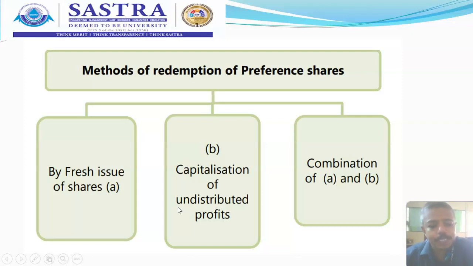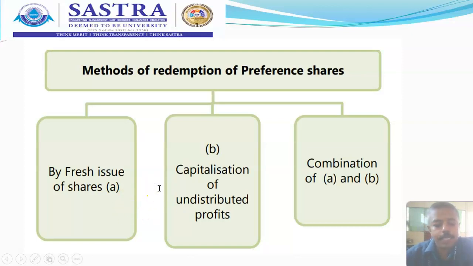The second disadvantage is that the shareholding in the company is always changed. So with these two disadvantages, the companies may prefer to issue fresh equity shares on the redemption of preference shares, only weighing the advantages of those.